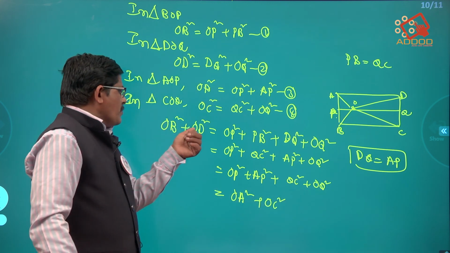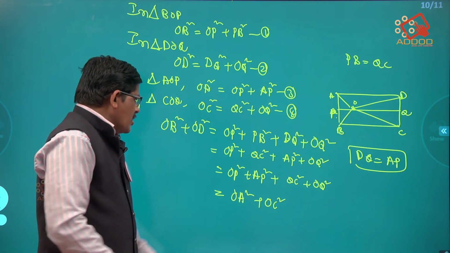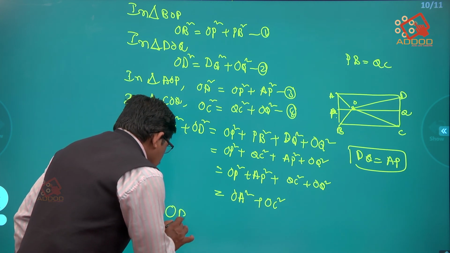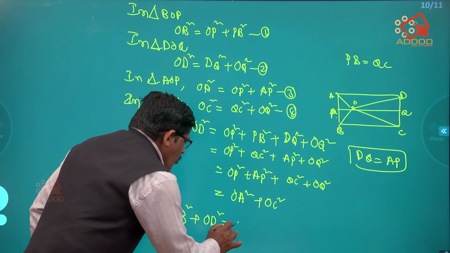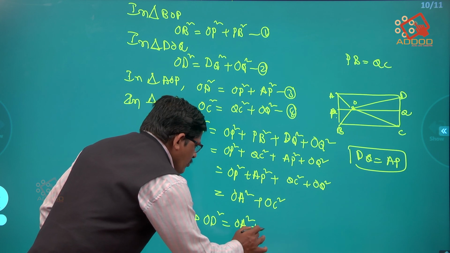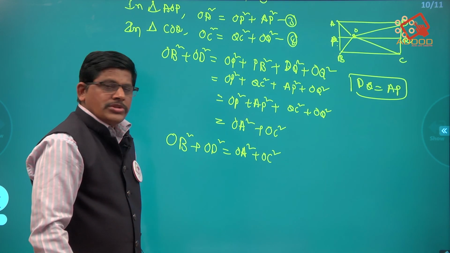Then OB square plus OD square is equal to OA square plus OC square. Hence proved. OB square plus OD square is equal to OA square plus OC square. Hence proved the given condition.